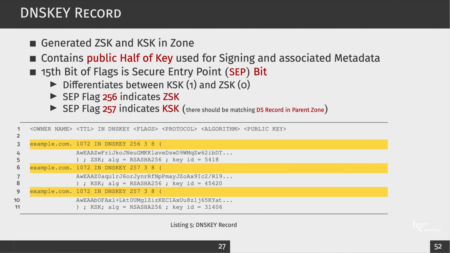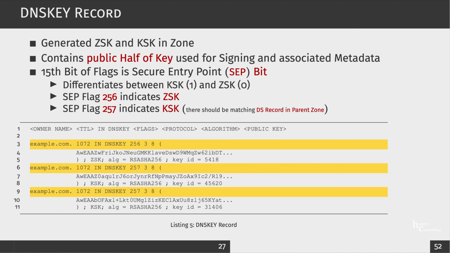To store the public portion of the key signing key and the zone signing key, a specific DNS record was implemented, and that's the DNSKEY record. This type of record is used for both the zone signing key and the key signing key, and yes, also for the combined version of it.